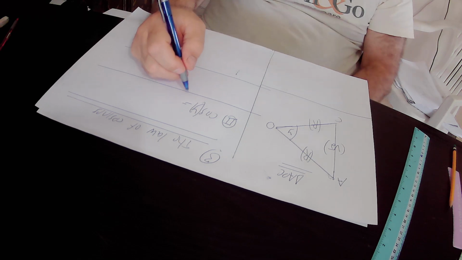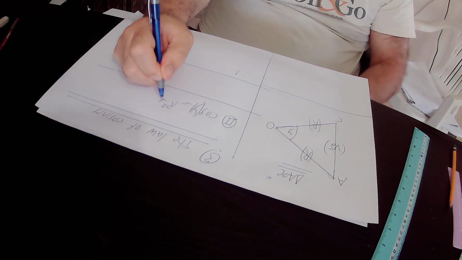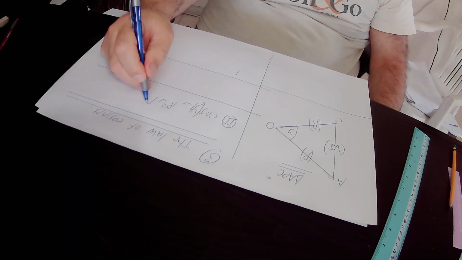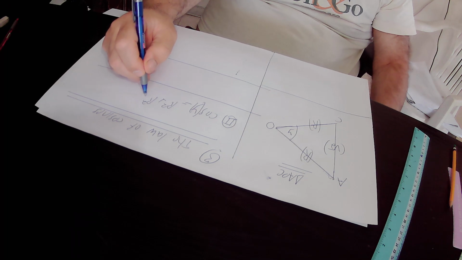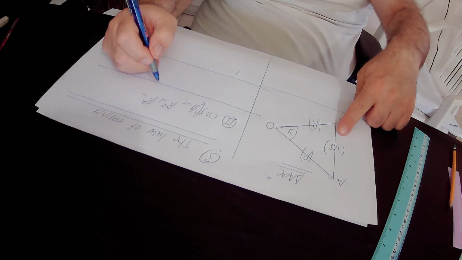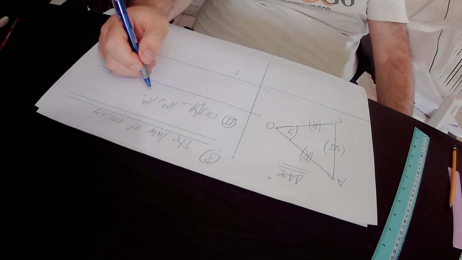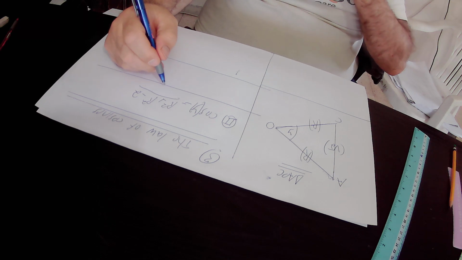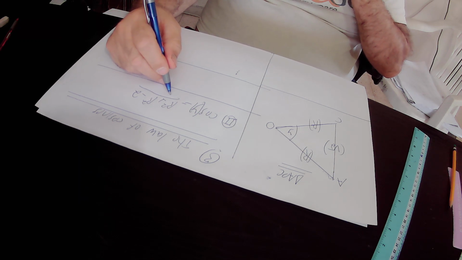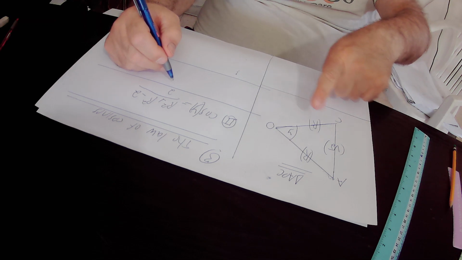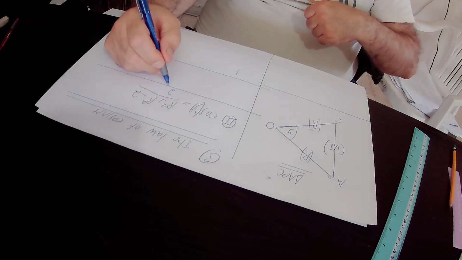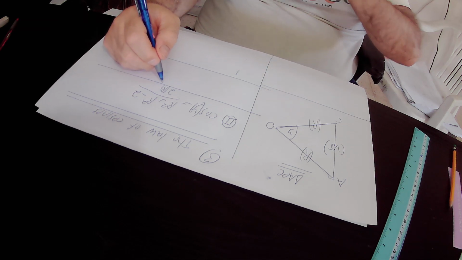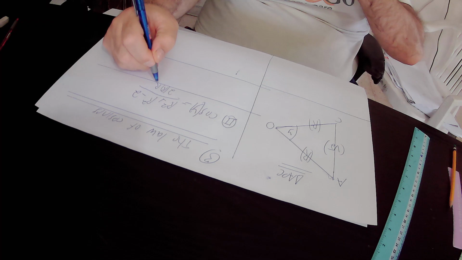AO is R, therefore AO squared is R squared, plus OC squared. OC is also R, therefore OC squared is R squared. So it is R squared plus R squared minus AC squared. AC is square root of 2, therefore AC squared is square root of 2 squared, that is 2. So it is minus 2 divided by 2 times AO. AO is R, therefore let's substitute AO by R, times OC. OC is also R, so let's substitute OC by R.